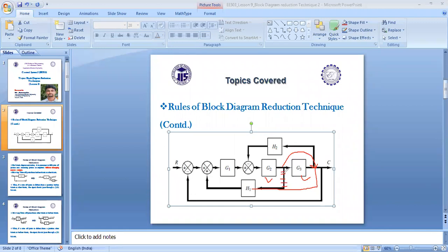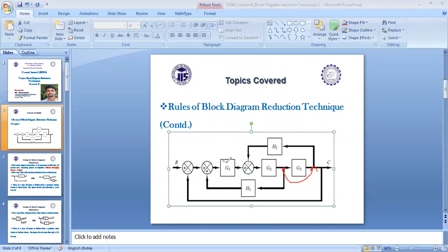This line will no more be there, as we have shifted this line after the block as shown here. So shifting of this takeoff point implies establishing series connection between G2 and G3. So that is why takeoff points sometimes need to be shifted.